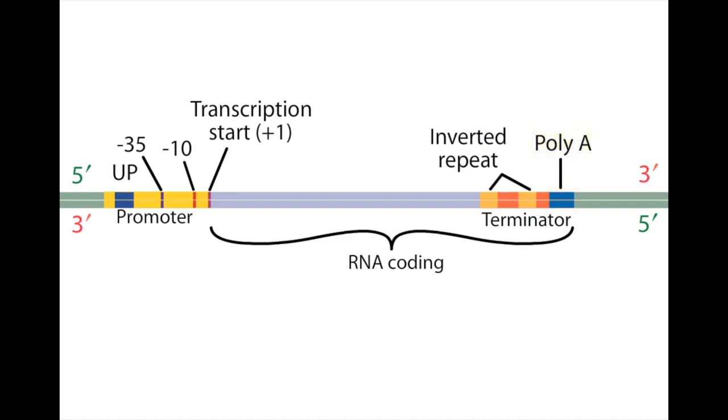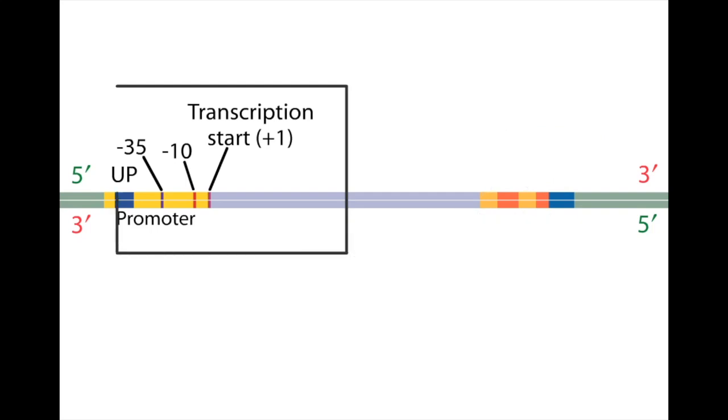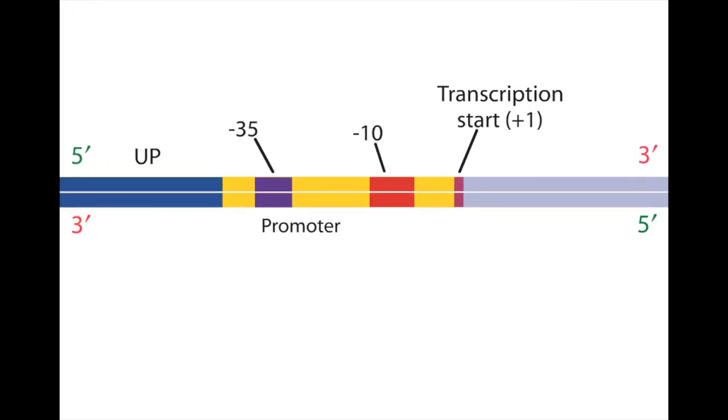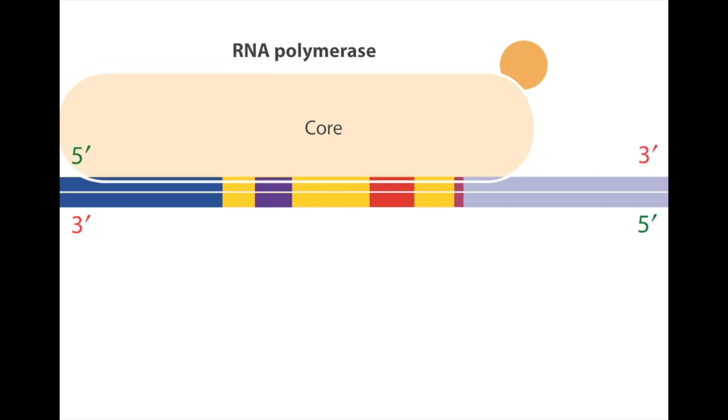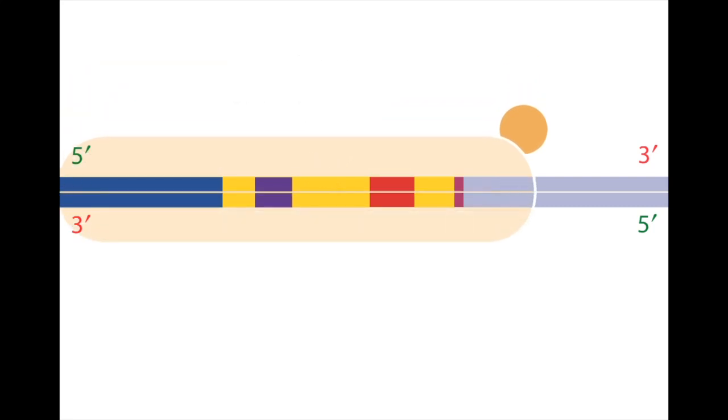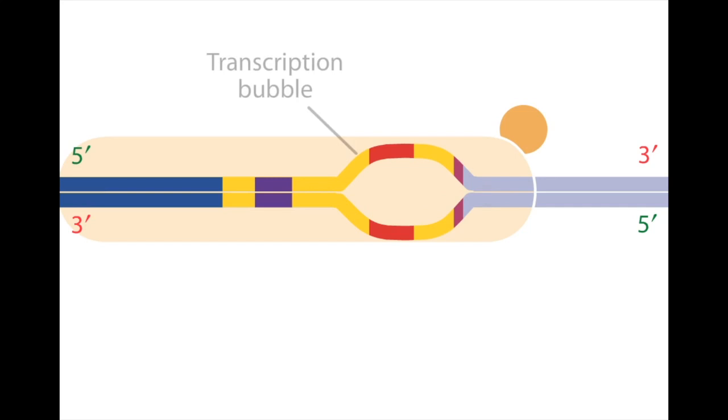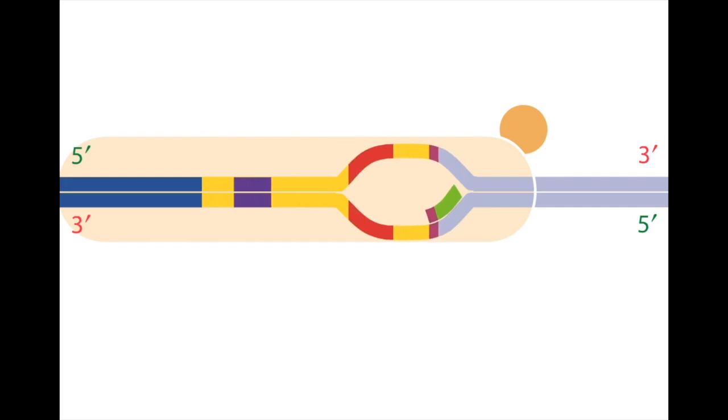Unlike DNA synthesis, the initiation of RNA synthesis does not require a primer. Transcription is initiated when the RNA polymerase holoenzyme, composed of the core enzyme and sigma subunit, binds to the promoter. As the holoenzyme unwinds the DNA, a transcription bubble forms, creating a region of single-stranded DNA where transcription can take place.